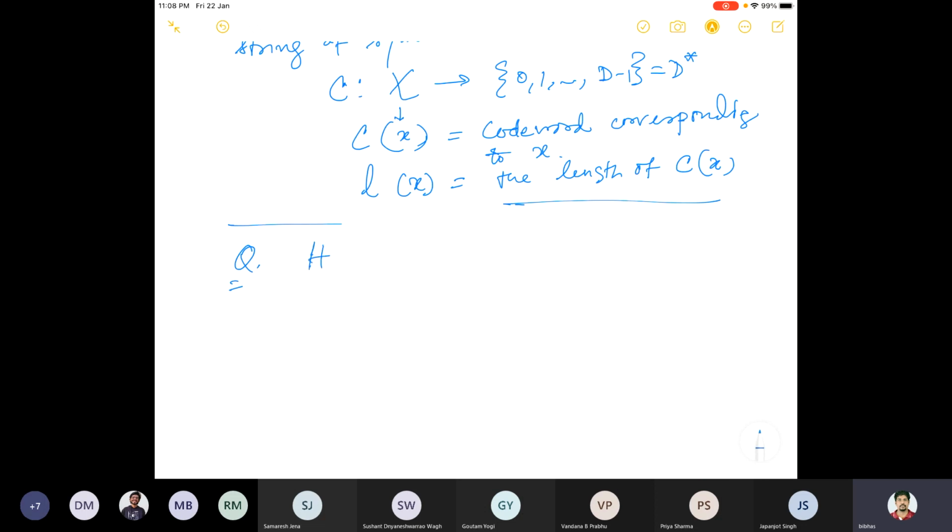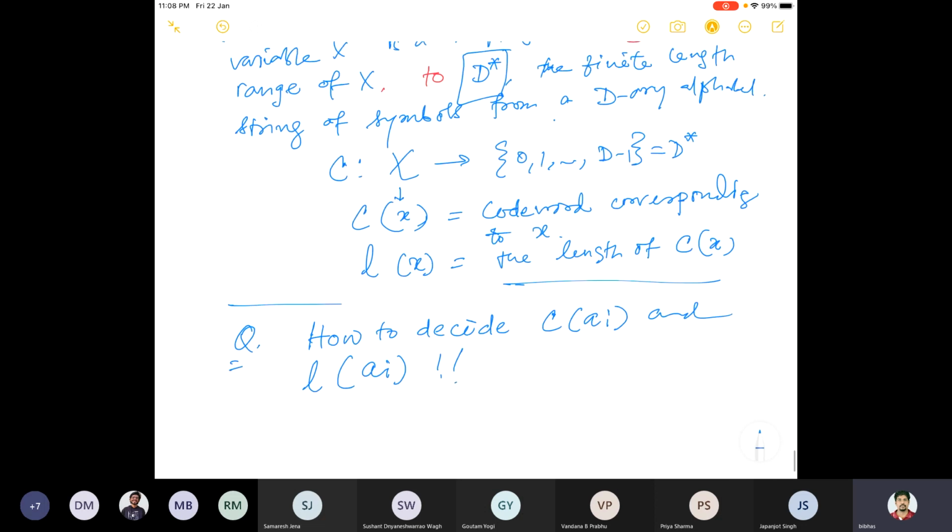How to decide? This is the first question. It is how to decide C of Ai, the code word of Ai, and L of Ai. That means what should be the length of this code word? These two things now we need to fix.